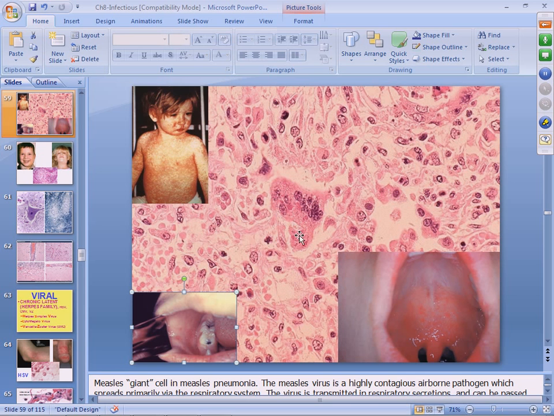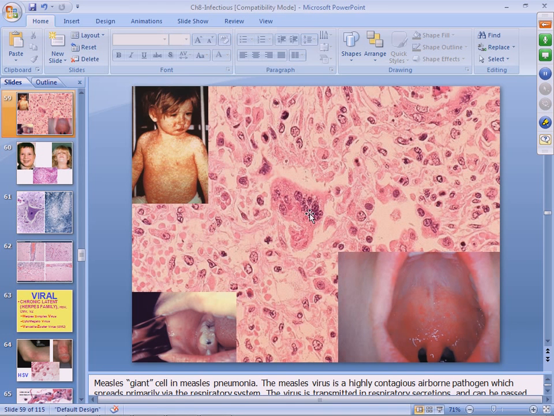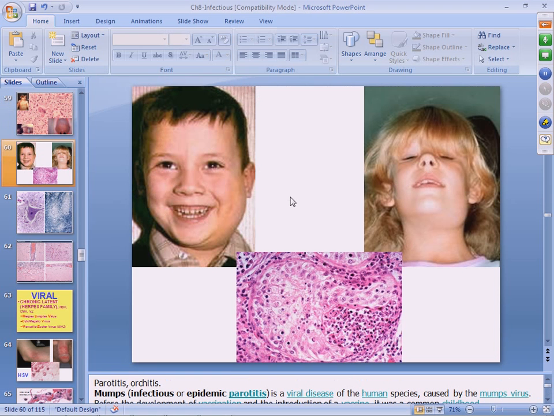These are fusions of epithelial cells. Okay, the measles giant cells are not macrophages. They are fusions of epithelial cells. You would never know this. You could probably just take this giant cell out of context and say, this is a typical Langhans giant cell of tuberculosis. But this is a fused cytoplasmic epithelium caused by the measles virus. Okay, so that's the pathology of it.